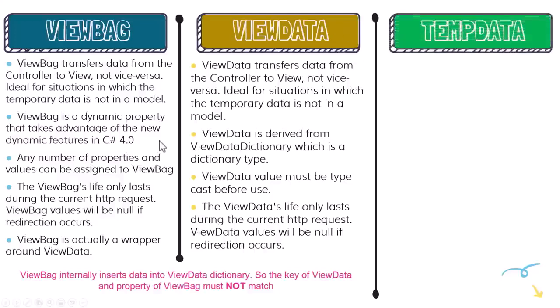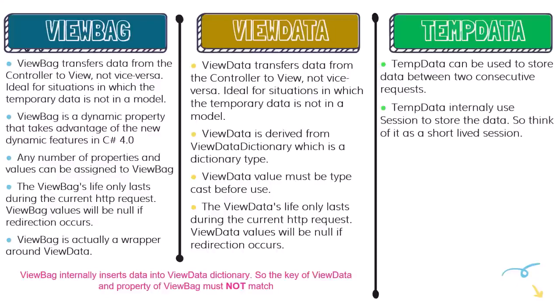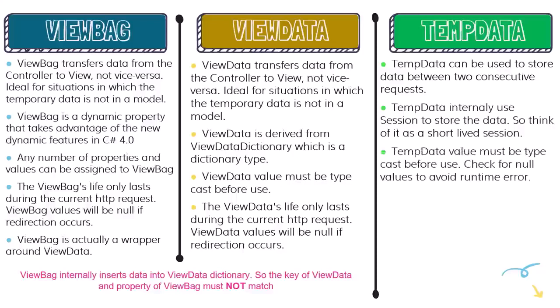Now before I wrap up this video, previously we have seen temp data, which are used to generate alerts, and temp data can be used to store data between two consecutive requests. Temp data internally use session to store the data, so think of it as a short-lived session which will only exist for one request.